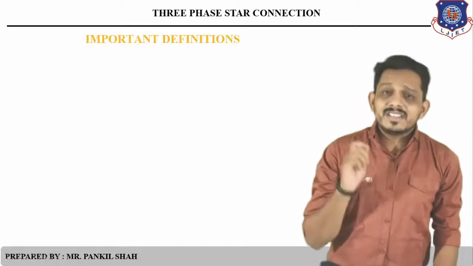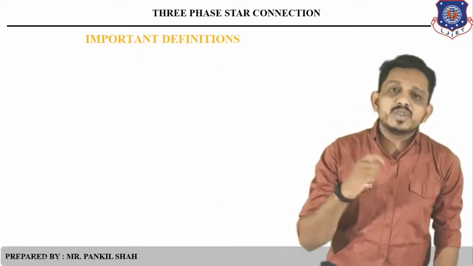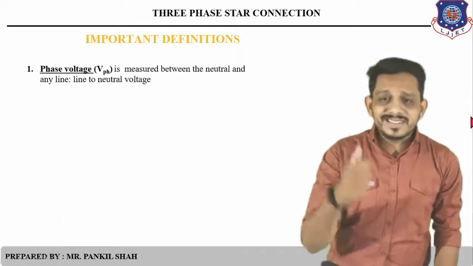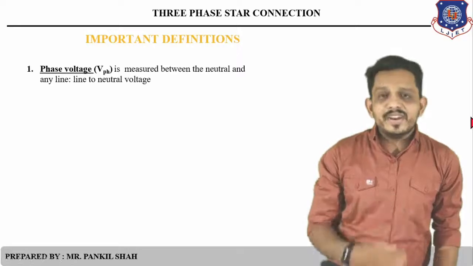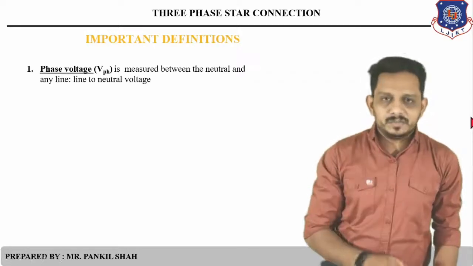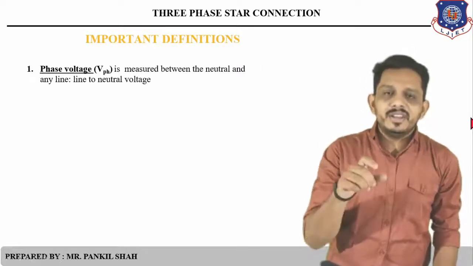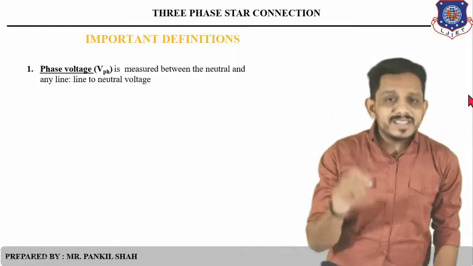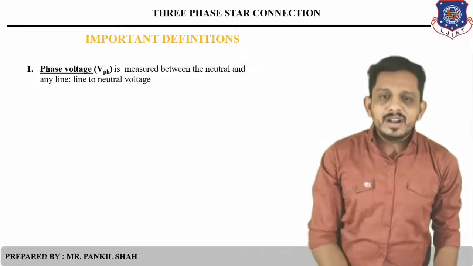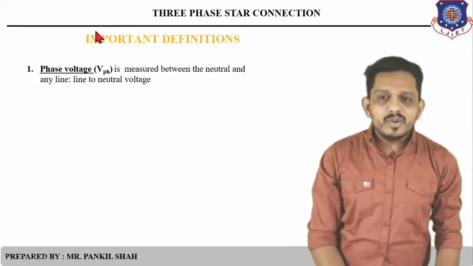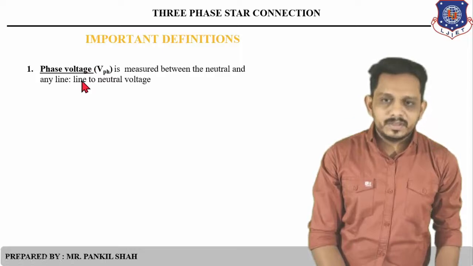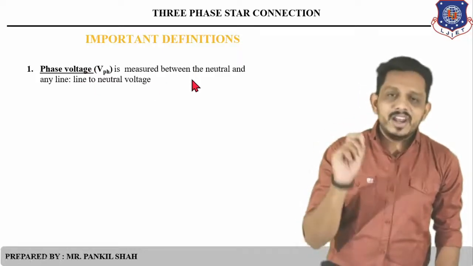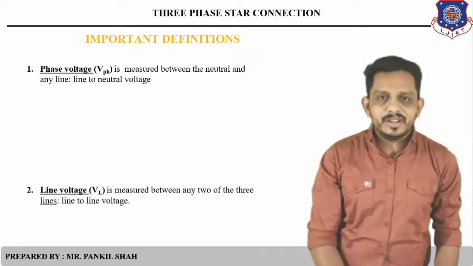Now let's see some important definitions related to star connection. So in star connection, the first important definition is the phase voltage, which is written as VPH or EPH. PH stands for phase and V and E stand for voltage. So the voltage measured between the neutral and any line, or you can say line to neutral, is known as the phase voltage.